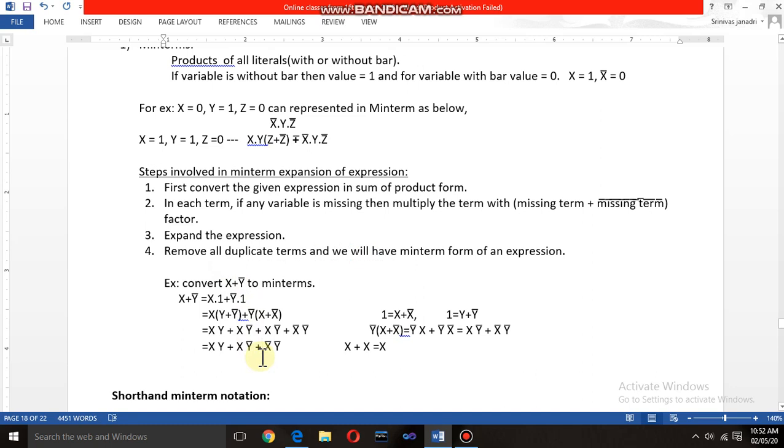This is a conversion. And here I am giving you one example, just solve it and send it to me through WhatsApp: x into y plus x complement into y into z complement.